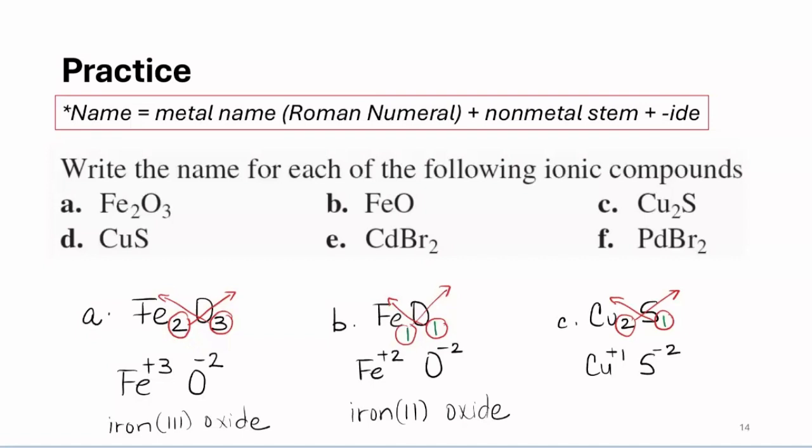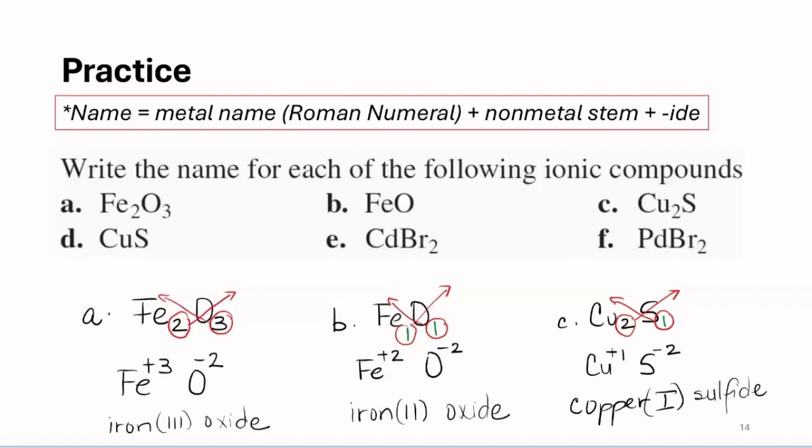If we review the periodic table, we see that sulfur lives in group 6A. That means that sulfur has a charge of minus 2. So it makes sense that these ions made this chemical formula. So now we can name our compound. This is going to be copper, Roman numeral 1, and the name of that nonmetal ion is sulfide.